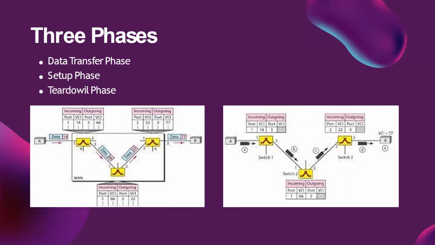In the setup phase, the switch creates an entry for a virtual circuit. In the example, we can see that source A needs to create a virtual circuit to destination B.